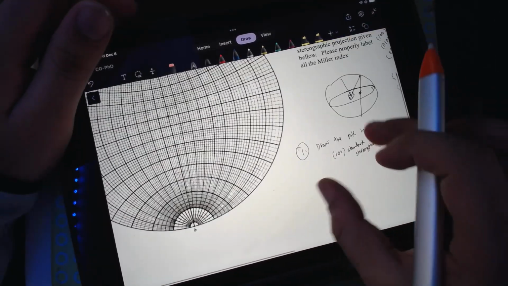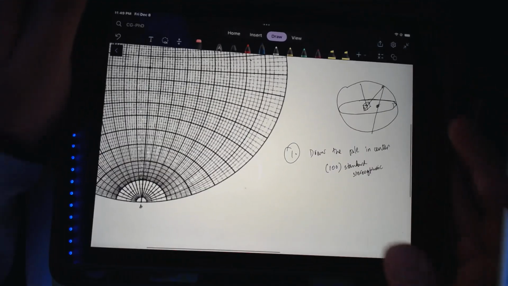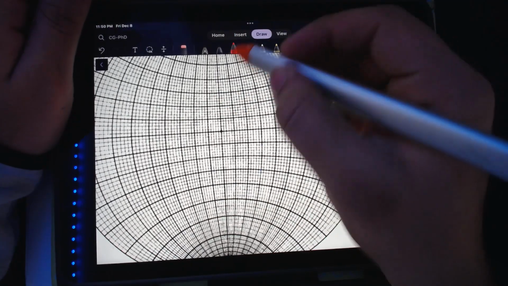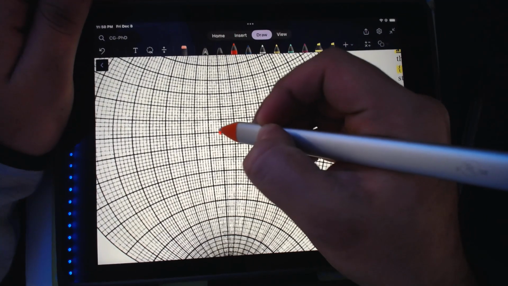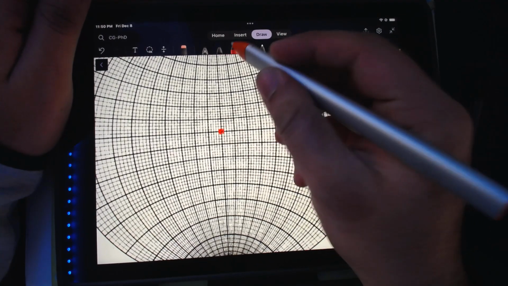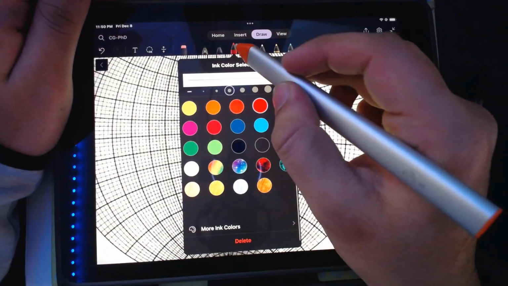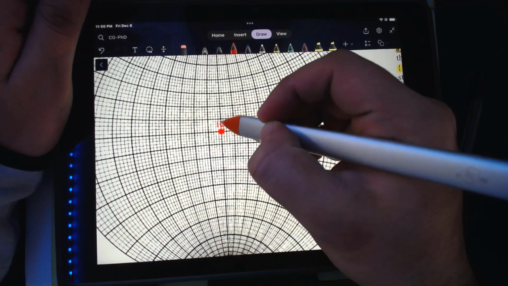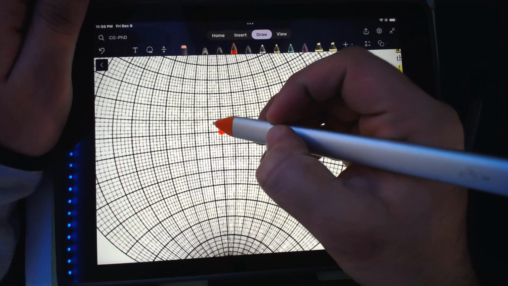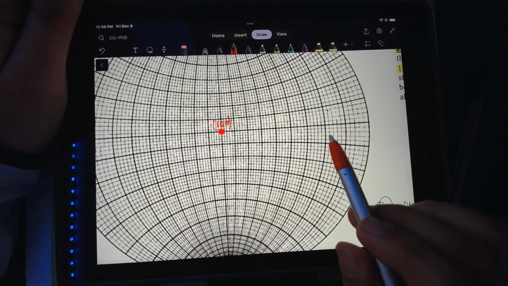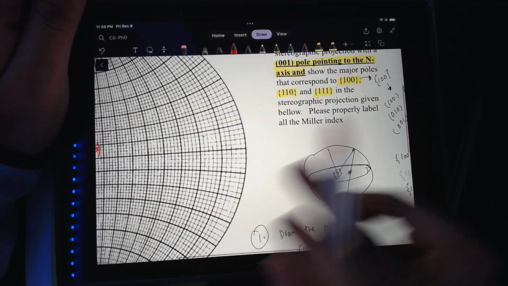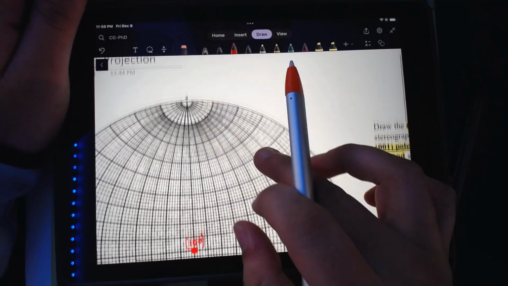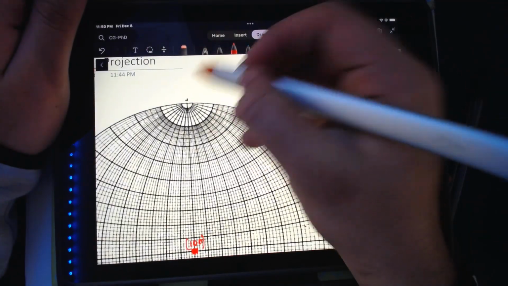So yeah, let's place the 100 standard stereographic projection in the center. So that will just go right here. So this is 100. And after that, the other pole that was mentioned was the 001 pole, which is pointed to the north axis. So for us, the north is right over here.